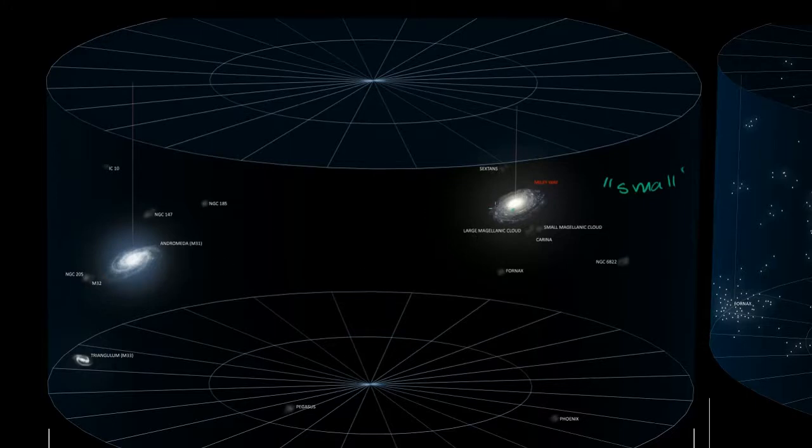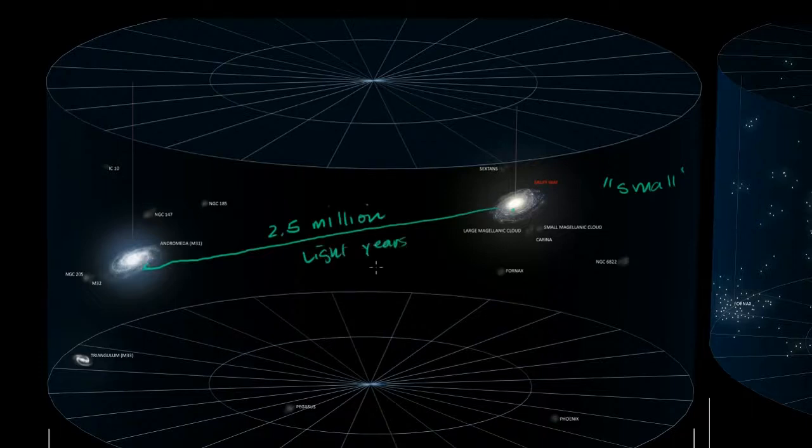And this distance right over here, now we're going to start talking in the millions of light years. This distance is 2.5 million light years. And just as a bit of a reference, 1 light year is roughly the radius of the Oort cloud.